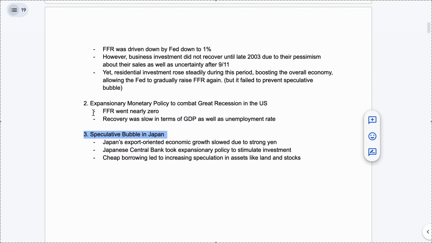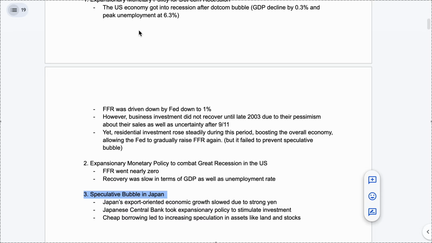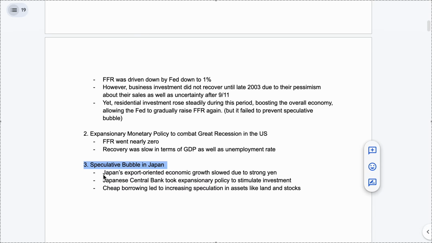Okay, speculative bubble in Japan. This is another case study which resembles the expansionary monetary policy after the dot-com recession. Japan's export-oriented economic growth slowed due to a strong yen. It's called the Plaza Accord, which increased the value of the Japanese yen. Japan's economy was relying on exports. Exports were making a lot of revenue for Japan, and that decreased a bit, which wasn't looking great.